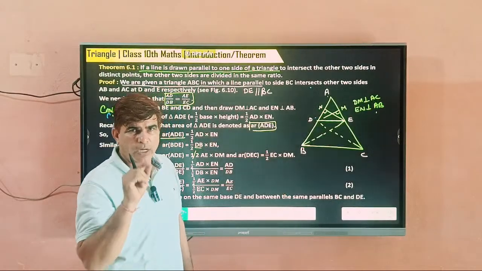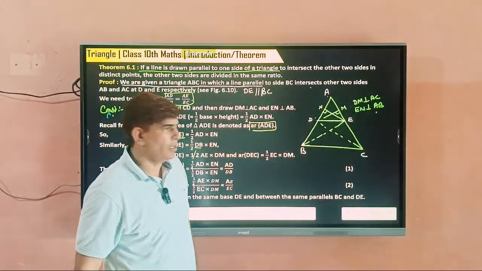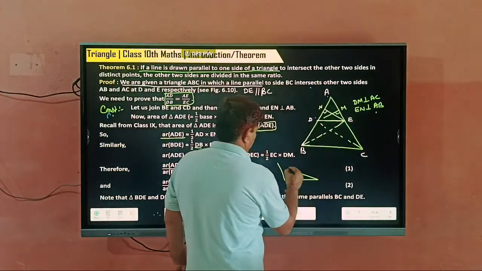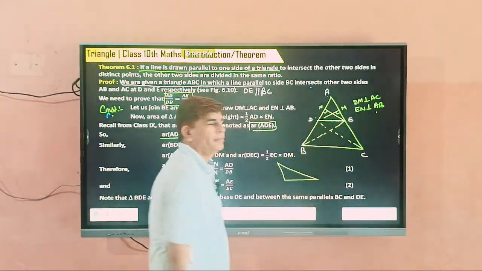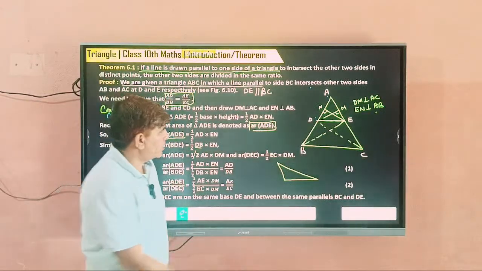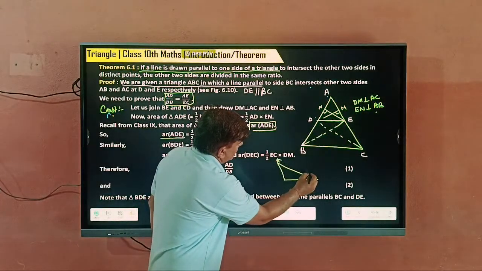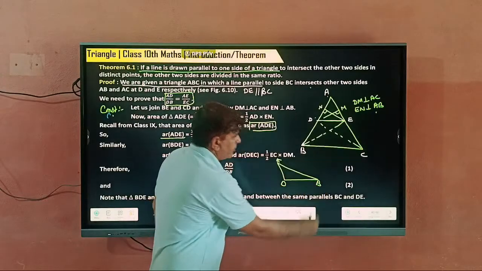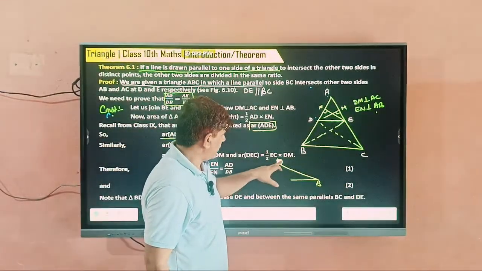So the point here is why we have taken EN as the perpendicular, which lies outside the triangle. Actually this triangle is like this: an obtuse angle triangle, where this angle is more than 90 degrees. This point is D, this is E, and this is B. If you want to take it according to this, I can tell it like that also.